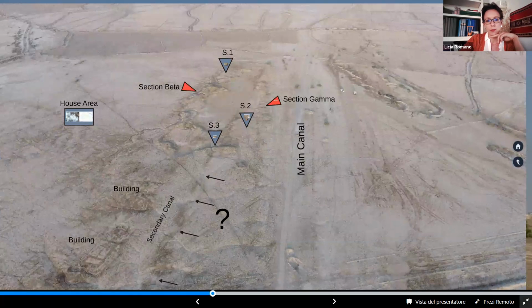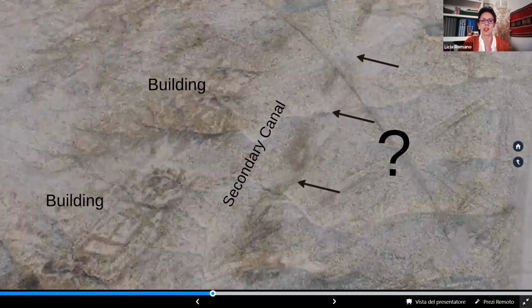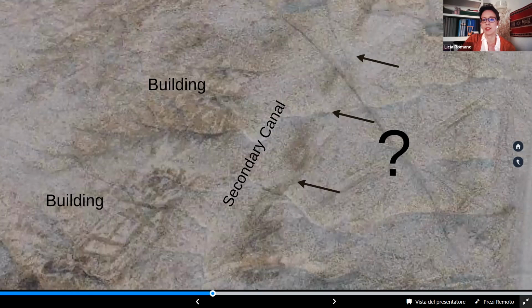In this drawing, there are some very interesting features, like these dashed lines. We do not know what these dashed lines are, but they plausibly indicate a kind of permeability between the main canal and the secondary canal.